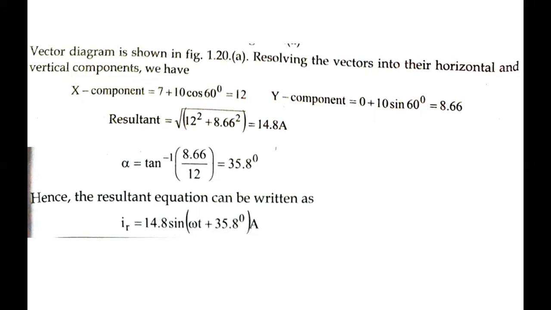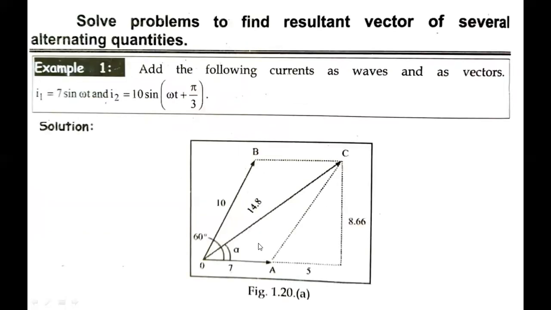So in this case it is 14.8 amperes. Alpha is equal to tan inverse of y by x. Y component is 8.66 and x component is 12. So alpha is 35.8 degrees. Hence the resultant equation can be written as IR is equal to 14.8 sin (omega t plus 35.8). And this is the representation.